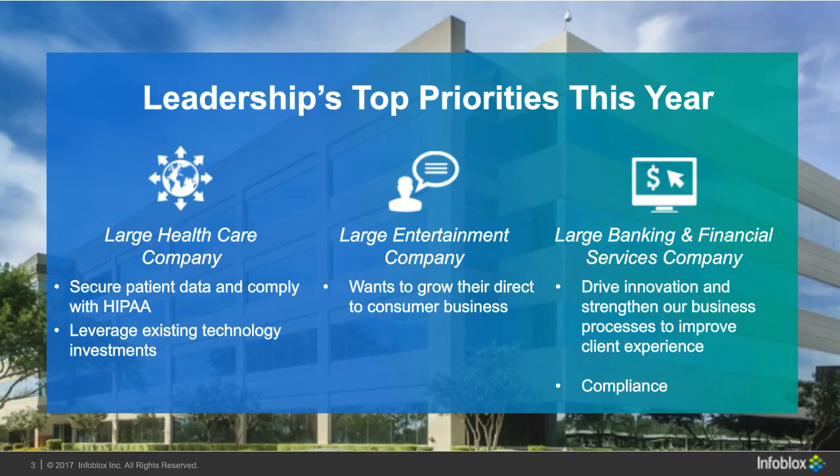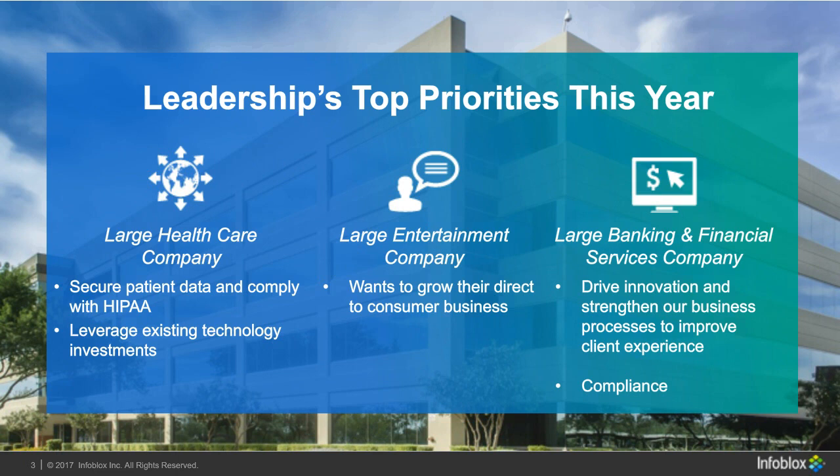When you look at some of the top priorities this year for certain companies, ranging from healthcare to entertainment to financial services, you can see that these leadership priorities tie in to risk reduction. So for example, let's look at the healthcare company that we have here.